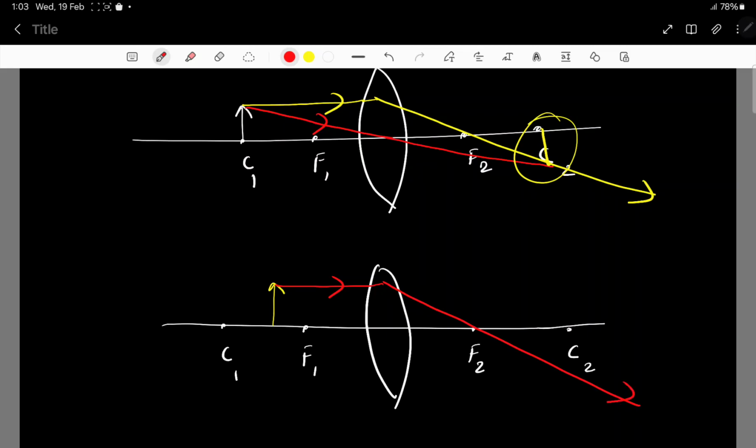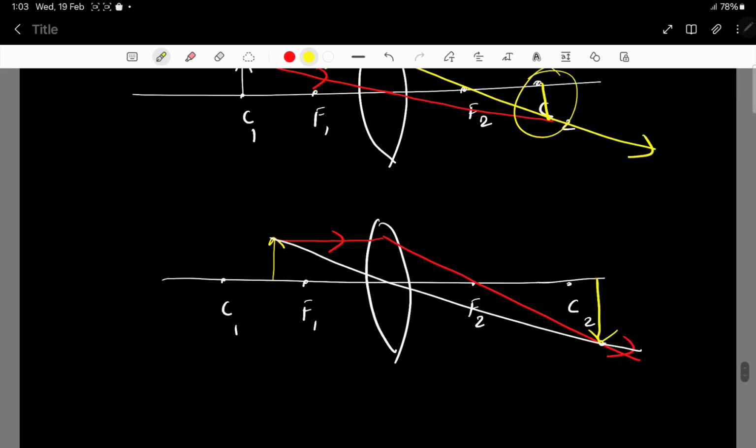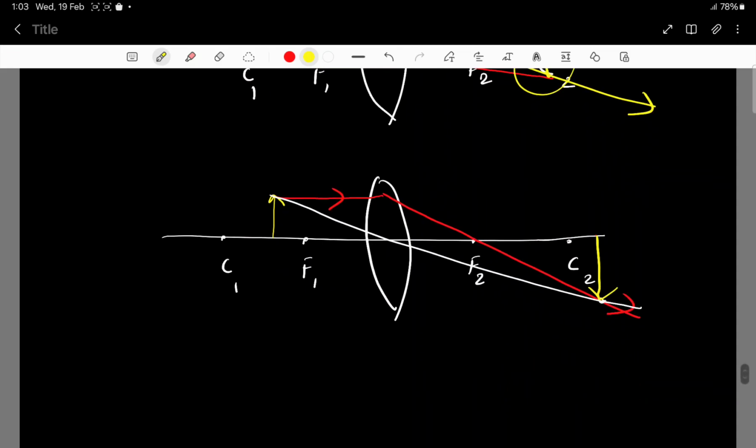I apply rule 1, I apply rule 3, so rule 2, both of these light rays are meeting beyond C. So that's where the final image will be produced. So I can say that if the object is placed between the C and F, the image will be formed beyond C, and the nature of the image is real, inverted and magnified.